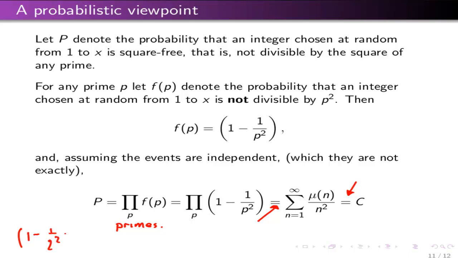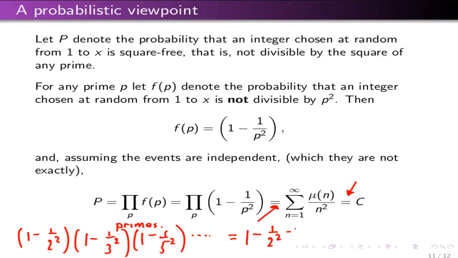So 1 minus 1 over 2 squared times 1 minus 1 over 3 squared, 1 minus 1 over 5 squared, like this. And now imagine multiplying it out. You're going to have some terms that just have a single prime factor. So you'll have a 1, and then minus 1 over 2 squared, minus 1 over 3 squared, like this.